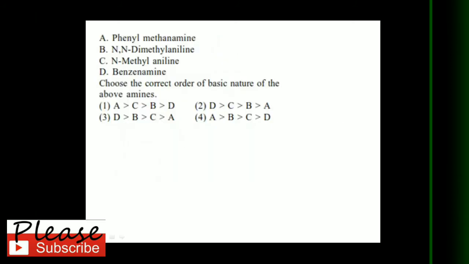Next, choose the correct order of basic nature of the above amines. You see this one, phenylmethylamine, which is nothing but benzylamine. Then N,N-dimethylaniline, which means this one, with NCH3 and this CH3. Next, N-methylaniline, with NHCH3, and benzenamine.